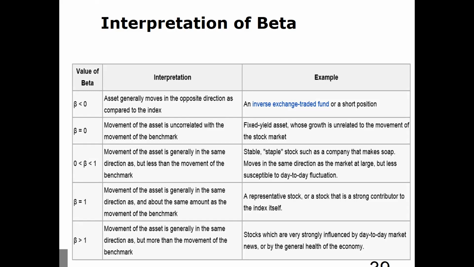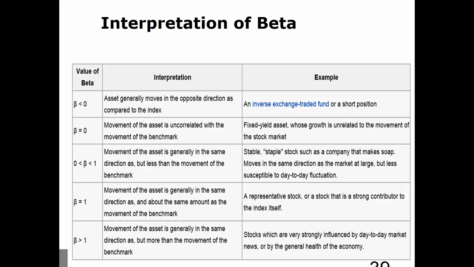But if the beta is more than positive 1, it not only means that our asset is moving in the same direction as the index, it is also jumping ahead by a higher margin. So say if the index moves up by 2% and our stock has a beta of 1.25, it would go up by 2.5%. Of course, the same would be true in the event of a downward movement, so you can understand how the stock would be perceived as carrying a higher amount of risk, and associated with it, a higher probability of a return.